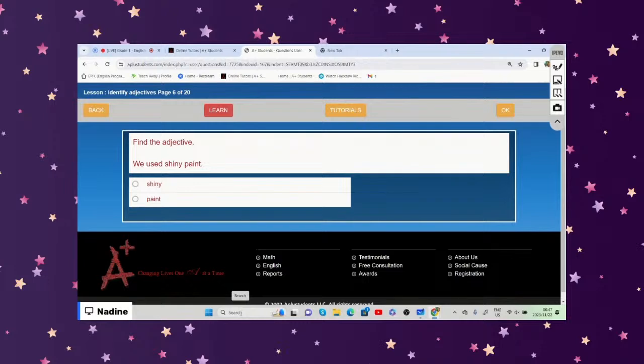We need to find the adjective. Shiny or paint? And if we look or find the adjective, we can say shiny is the correct word. So shiny paint.